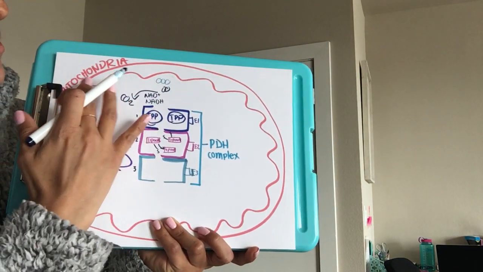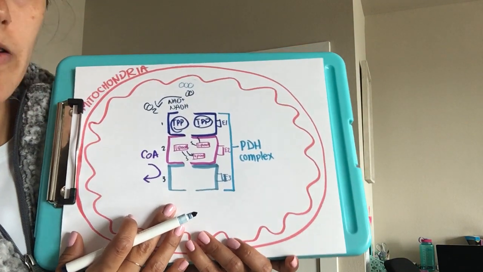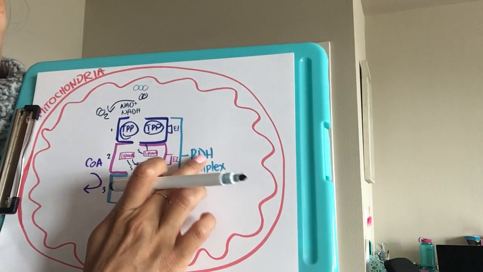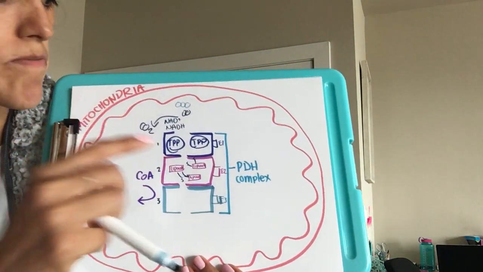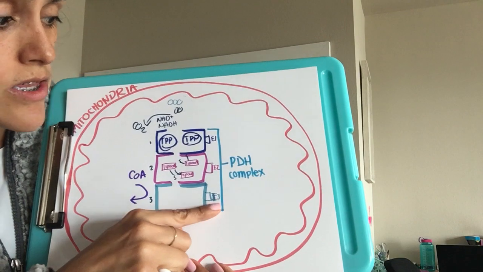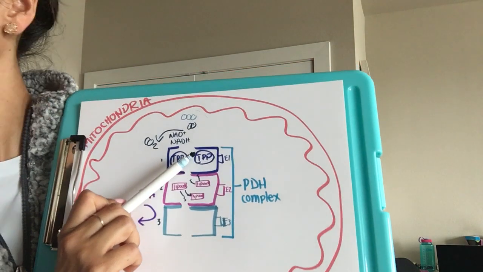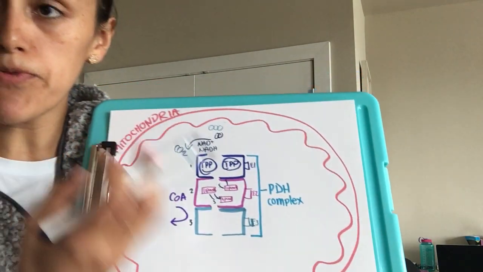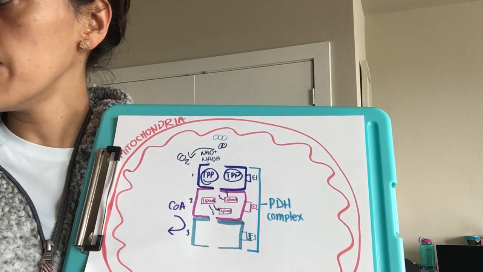In order for pyruvate to convert into acetyl CoA, it happens through the PDH complex, or the pyruvate dehydrogenase complex, which is composed of 3 enzymes: E1, E2, E3. E1 is also called pyruvate dehydrogenase. This enzyme has an important vitamin, called thiamine, or vitamin B1.